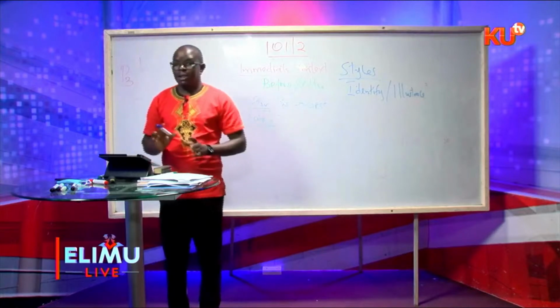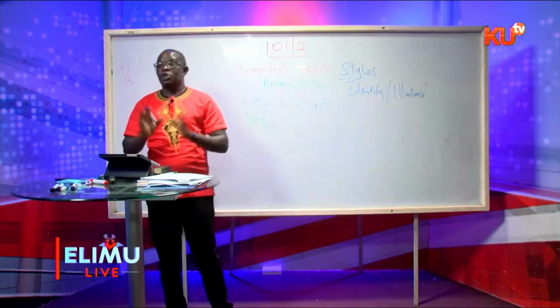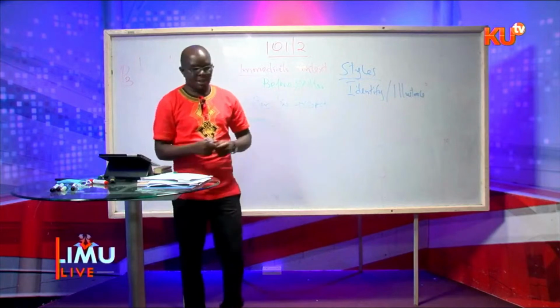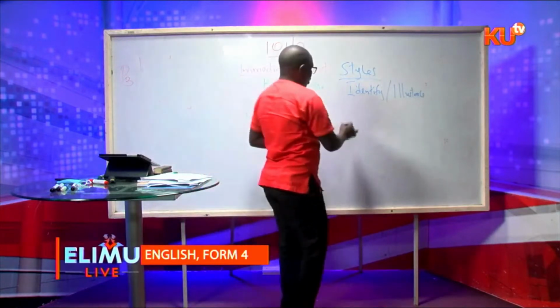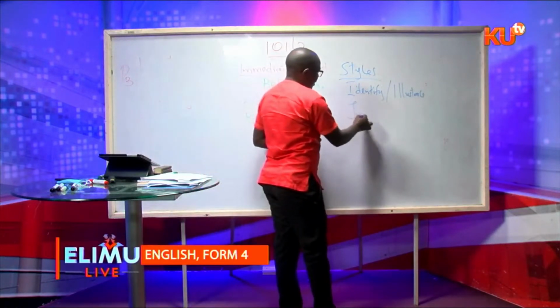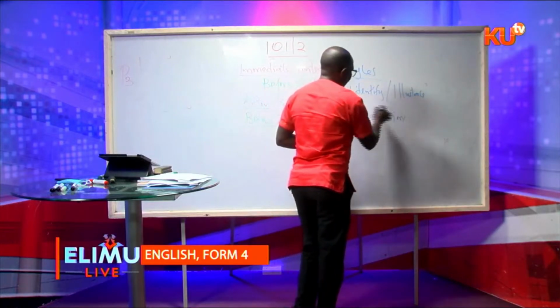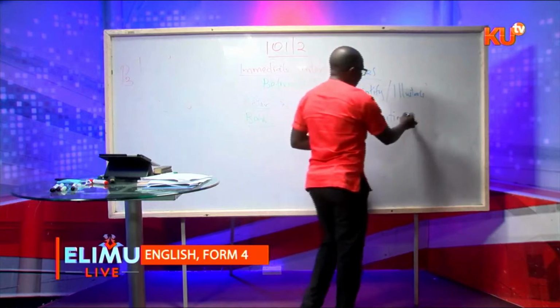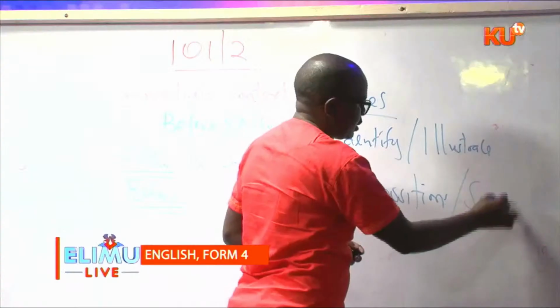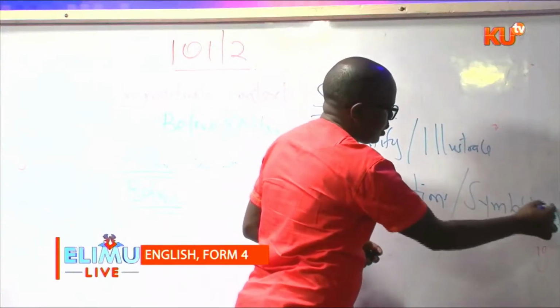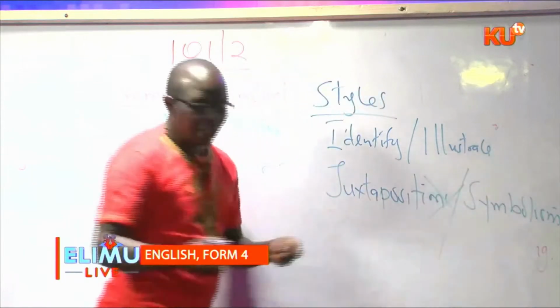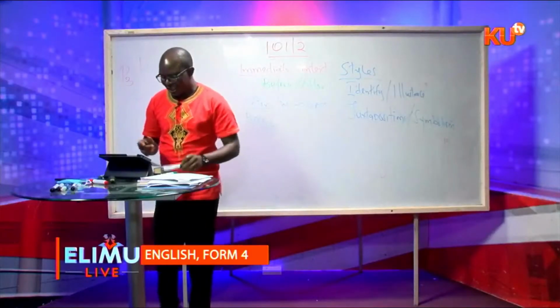The challenge here is that candidates sometimes stroke unrelated styles. Maybe somebody is going to talk about a style like juxtaposition, and then they relate it with maybe symbolism. So again, remember, this is not correct. Don't stroke unrelated styles.